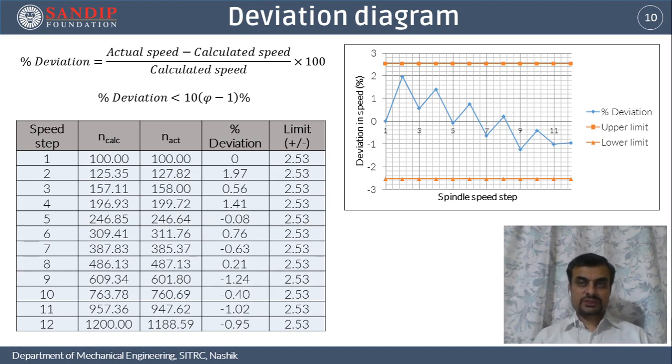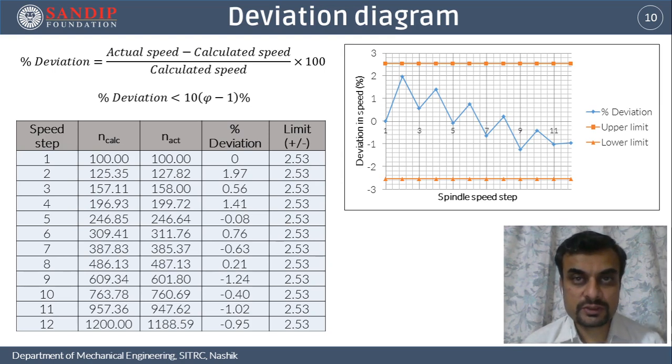One question which may come to your mind is what happens if the percentage deviation is not within the limit. You must remember one thing which I talked about while calculating the number of teeth on the gears: try to keep the rounding error as low as possible.